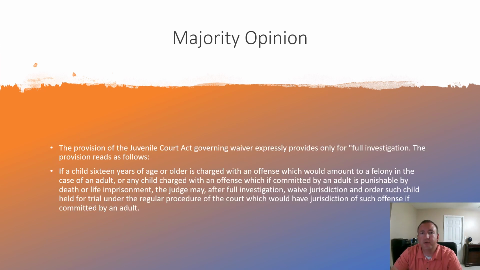So here we are with the majority opinion. The court ruled that the full investigation did not take place. A full investigation was needed for a waiver to be valid.